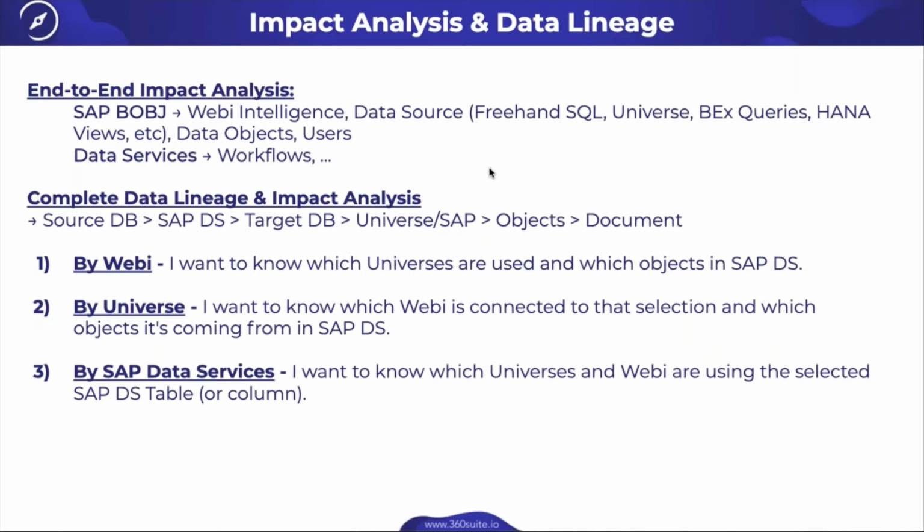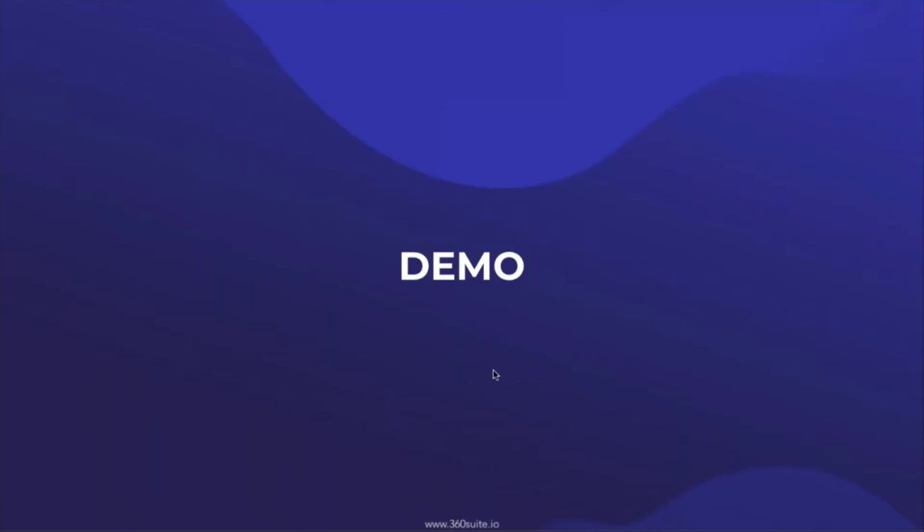So that's 360 Eyes for Business Objects, and you can combine that with 360 Eyes for Data Services, two separate solutions, to get that full end-to-end data lineage. That way you can see what's going to be impacted by these changes, if it's a change on the data services side, or where do I go for those impacted changes. So we will take a look at that.